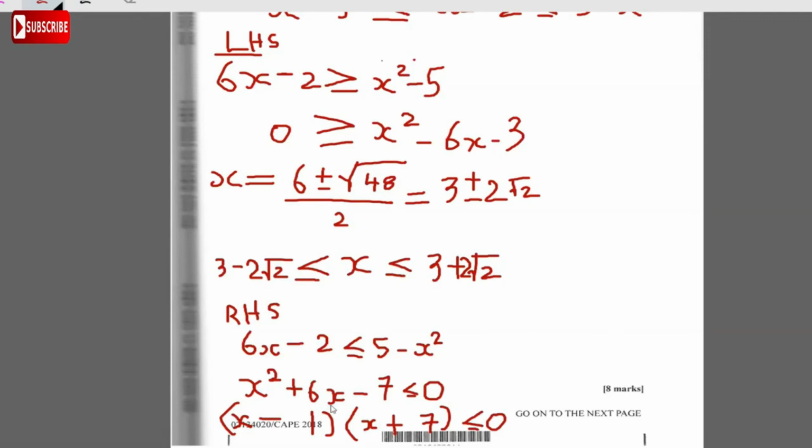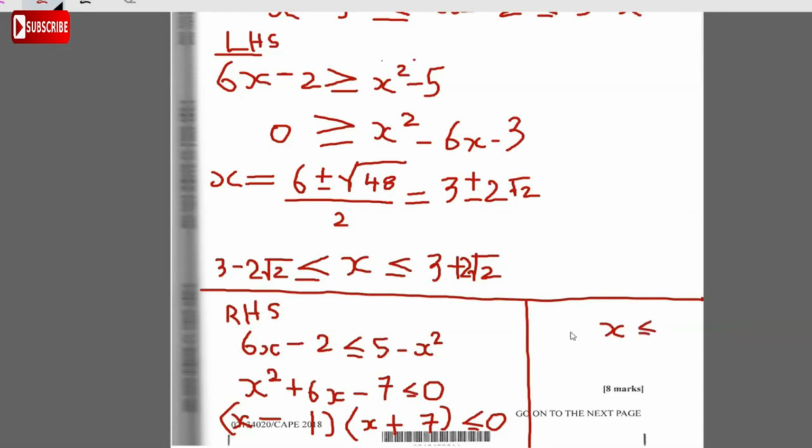So from the right-hand side, let me separate the solutions. What I'm getting is x is between 1 and minus 7.